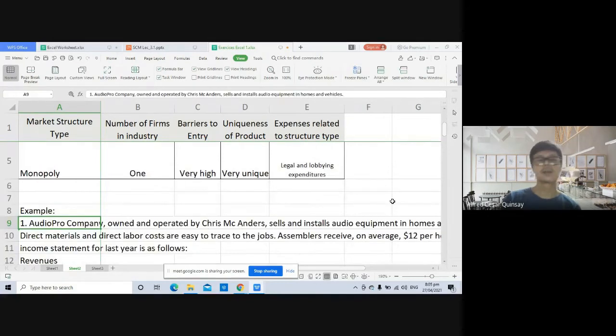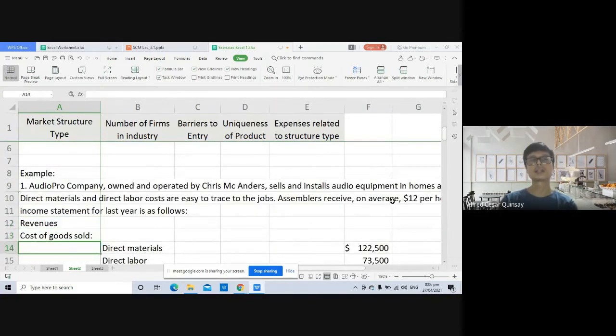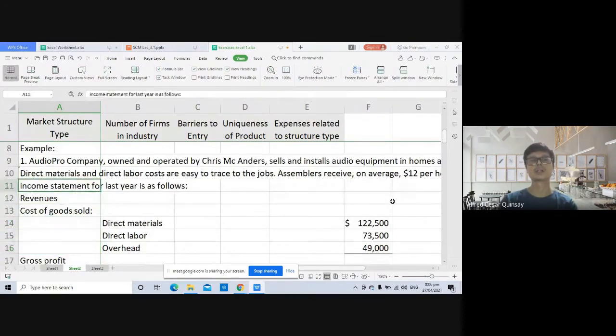Okay? So I'll give you an example here, no, dito sa pricing. Okay? So as we can see here yung pricing, no. Okay, so example, no. Ito yung mga application na to.